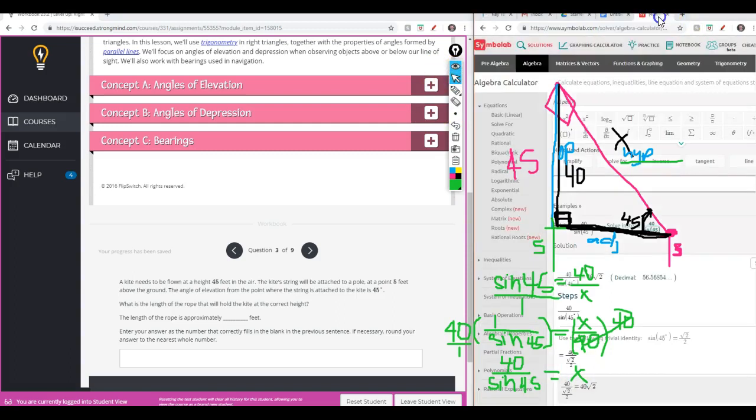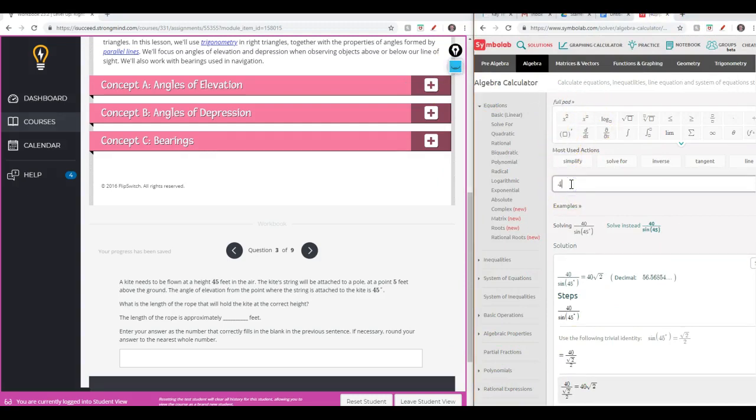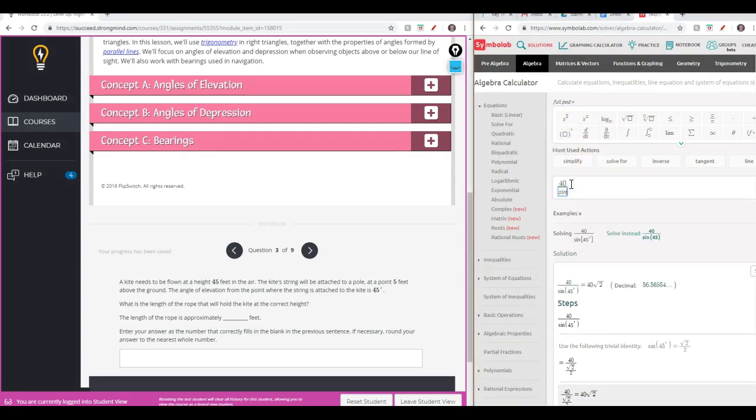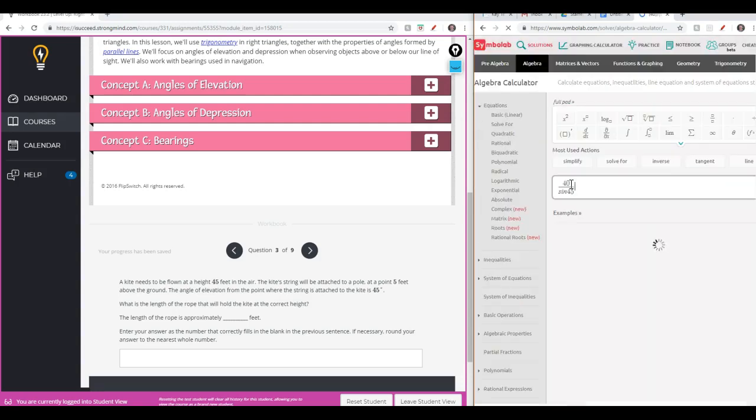So let's jump over to a calculator. We have 40 divided by sine of 45 degrees. Now again, remember it says round your answer to the nearest whole number. So this is a decimal, it's 56.56.